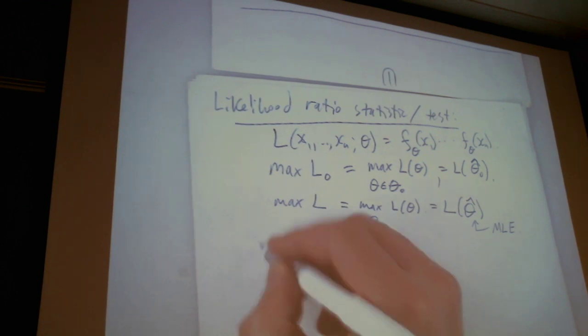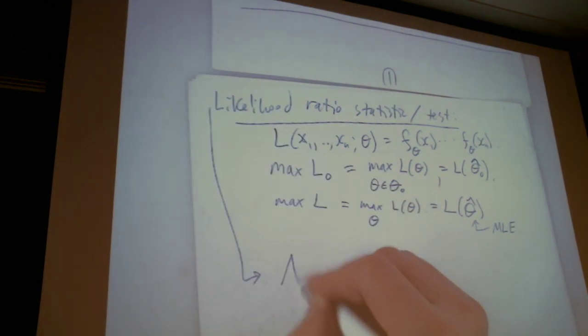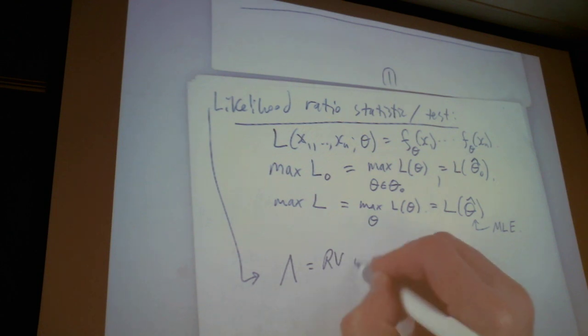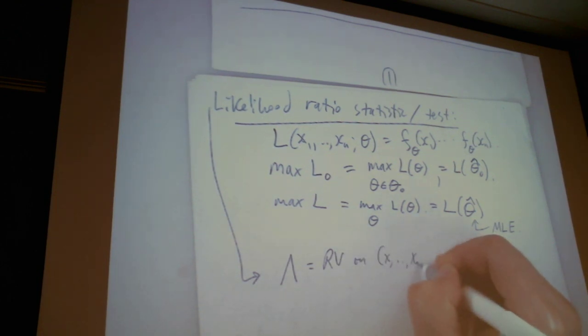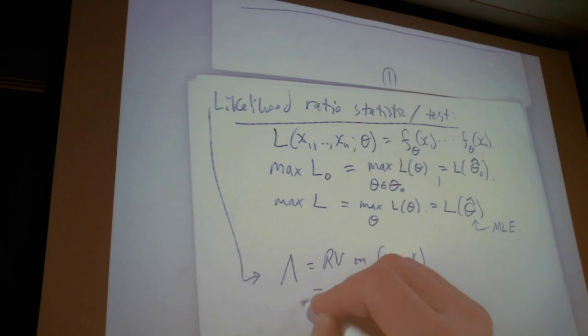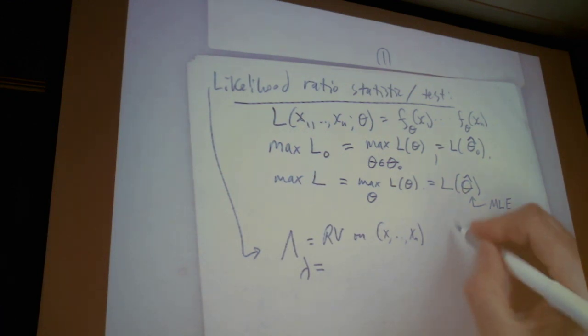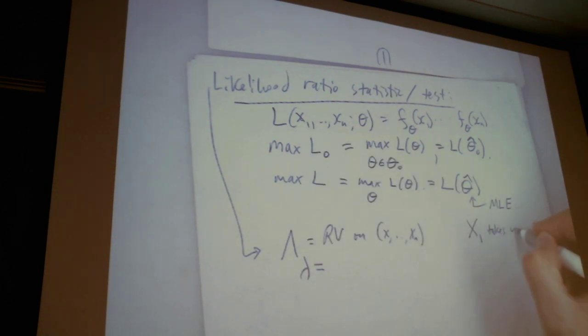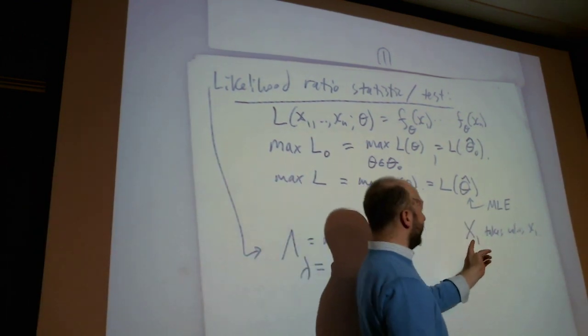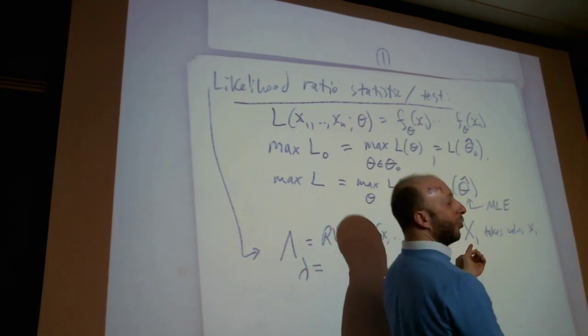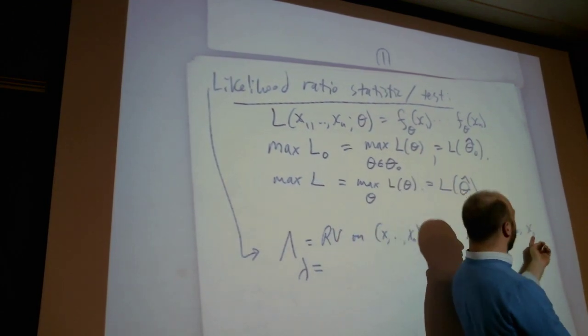So the likelihood ratio statistic is a random variable lambda. This is a random variable on x1 through xn, and the value that it takes is usually written lowercase lambda. So the lowercase to capital is what is the variable and what is the observation of the variable. I'm writing here little x1, but the variable is capital X1, and it takes values that look like little x1, right? This is a random variable. Say this is a standard normal, and the outcome was I saw a 2.